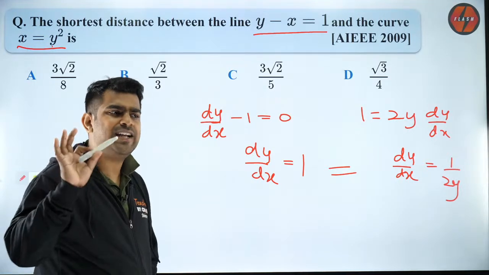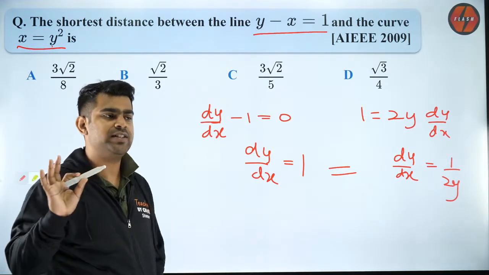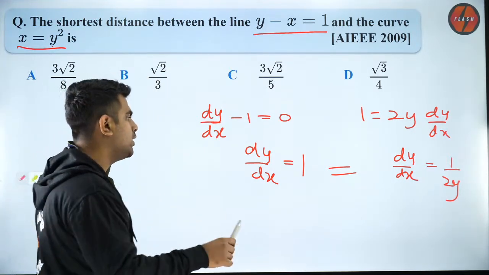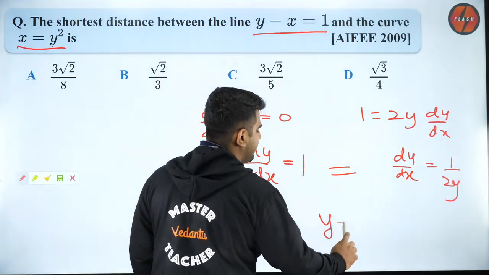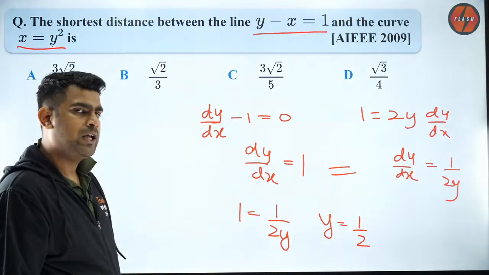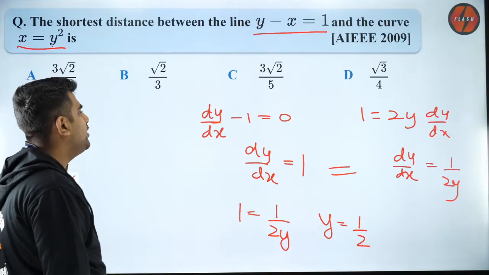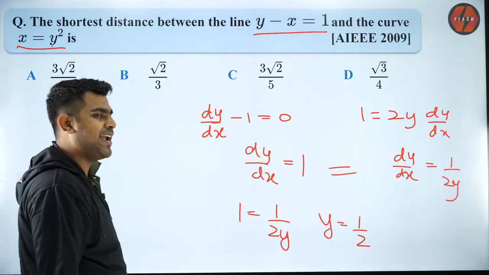Everybody clear? Very simple application. What I taught you, I'm just using it directly over here. Nothing else. Nothing great happening over here. Are you all clear with it? So 1 is equal to 1 by 2y. So what is y? y is equal to 1 by 2. That's it, I got my y. Once I get my y, I know what my x is also.